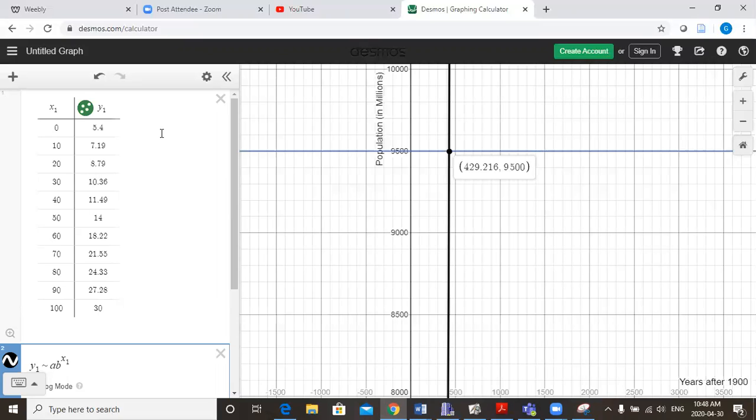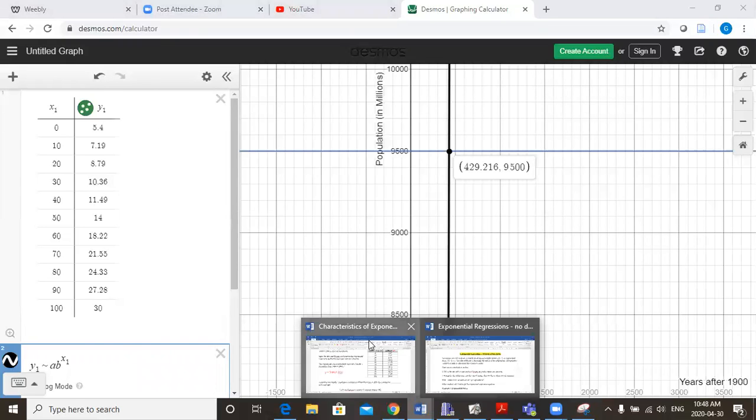And if it's exponential decay, that B value would be a number between 0 and 1. The A value would represent the initial value of the situation, whether it's an initial population of rabbits or bacteria or whatever. The A value would represent the initial value, which of course is the y-intercept on the graph.